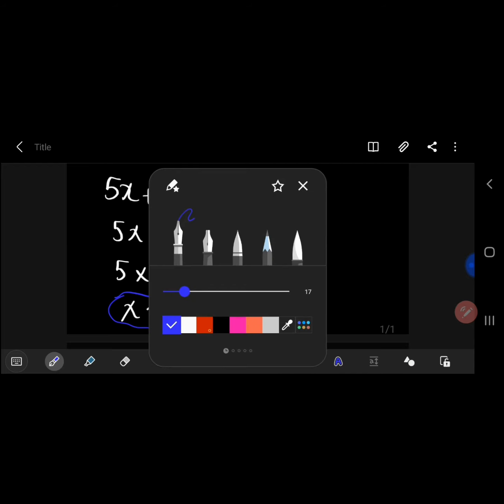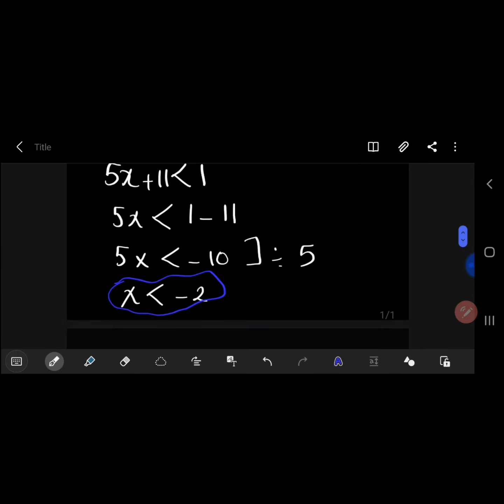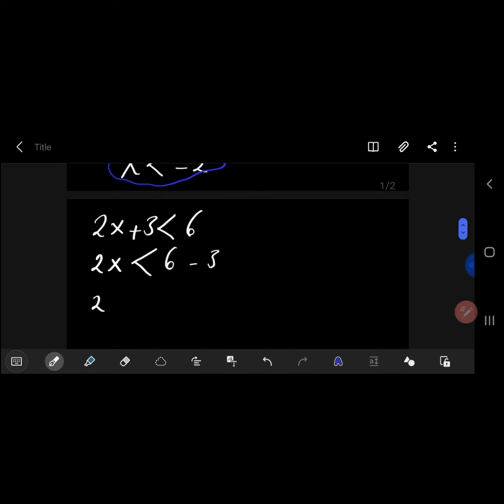The second value, I will find it from where? I will find it from the second function. The second function said 2x plus 3 smaller than 6. So here I will find the second value of x. 2x smaller than 6 minus 3. So 2x smaller than 3.